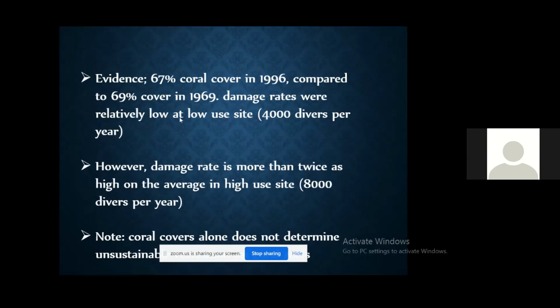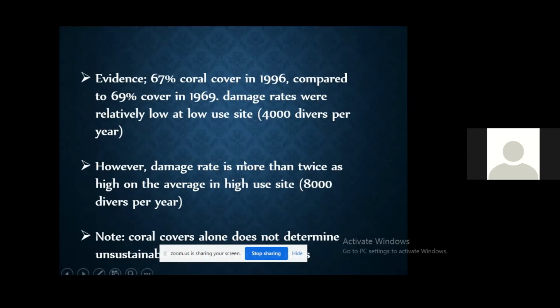However, the damage rate for the high use site was twice as high on average, but the study concluded that coral cover alone does not determine the unsustainable behavior of recreational activity.